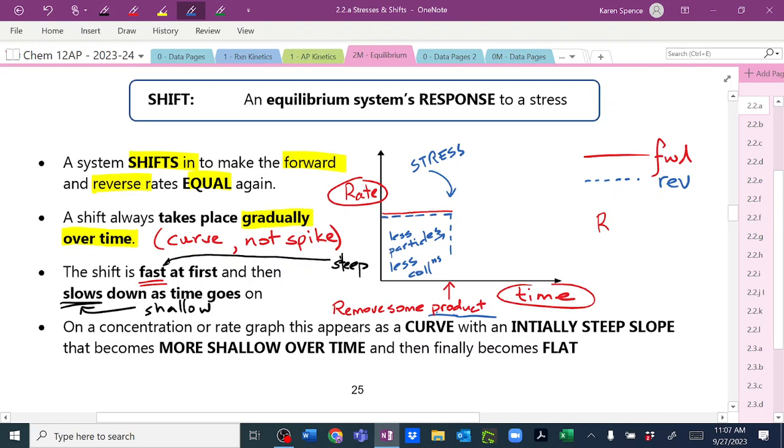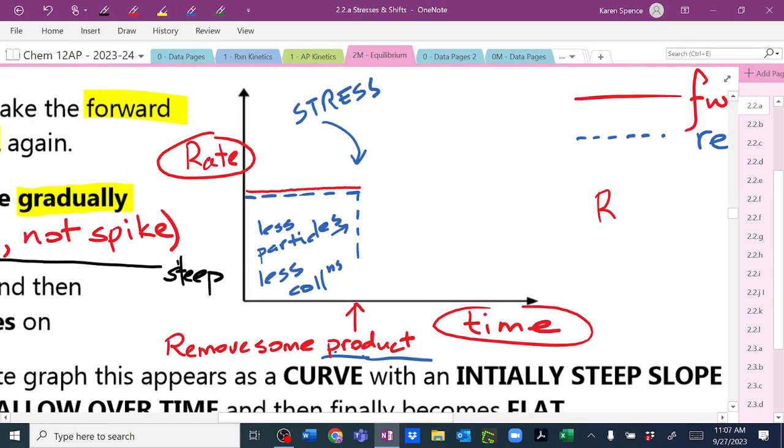What should our shift look like? Tell your partner what should happen to the red line and what should happen to the blue line. Okay, what do we think?